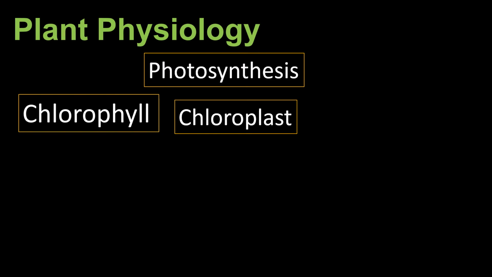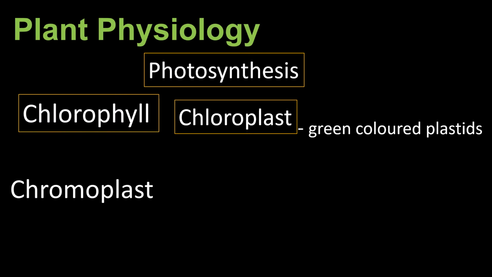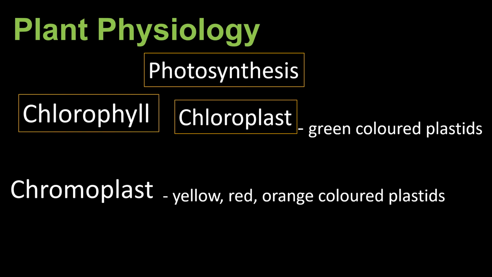What are chloroplasts? Chloroplasts are green colored plastids. Some plastids are red, orange, yellow in color. They are chromoplasts. Chromoplasts are yellow, red, orange colored plastids. They are found in fruits and flowers.